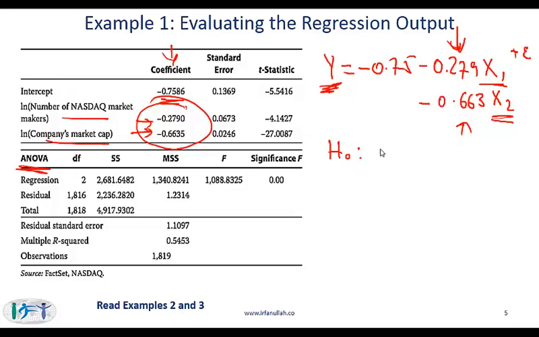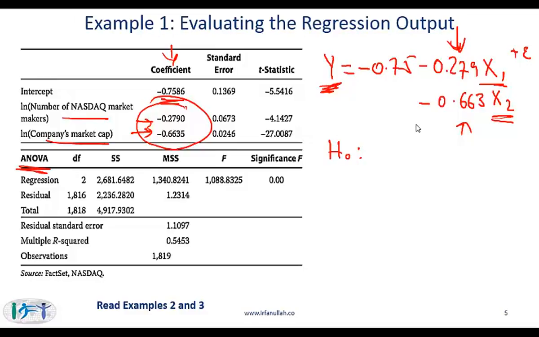There is another way of looking at it. You actually believe that B1 is negative, right? So that is your belief. So you set up the null as something that you would like to reject, right?